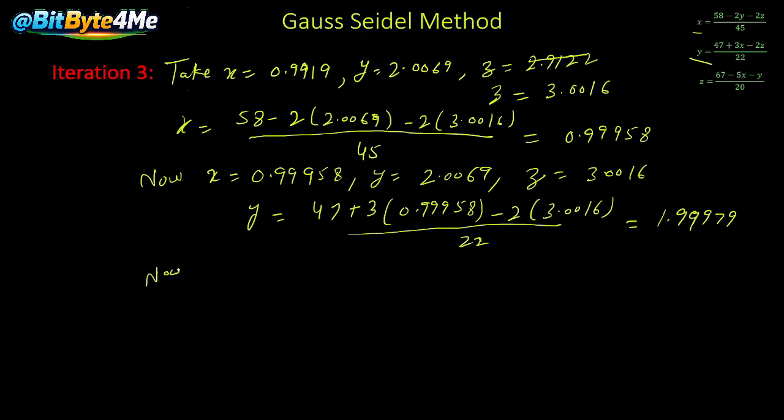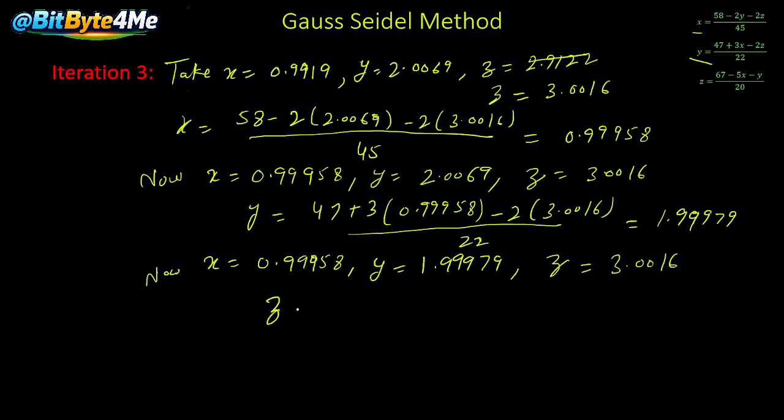Now we have x is equal to 0.99958, y is equal to the new value, 1.99979, and z is equal to 3.0016.